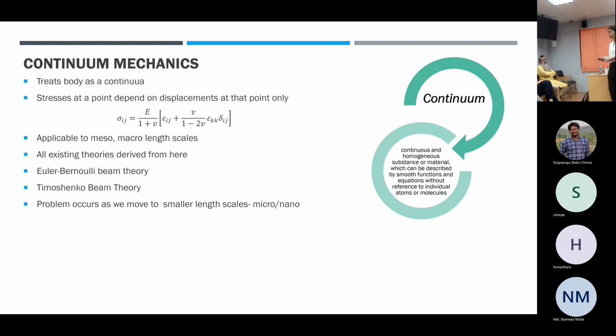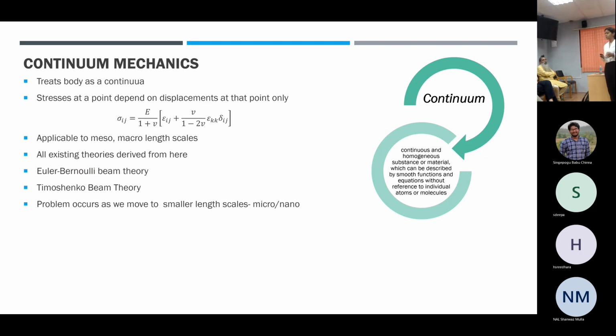So we all know continuum mechanics, as we are all structural engineers here. Continuum mechanics goes by the assumption that a body is a continuous material. There is no distinction, and it treats the body as a continuum. Continuum means continuous and homogeneous substance or material, which can be described by smooth functions and equations without reference to individual atoms or molecules.